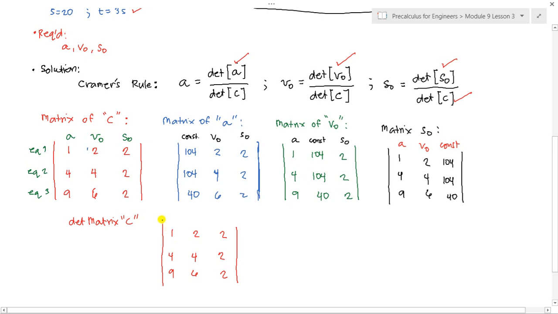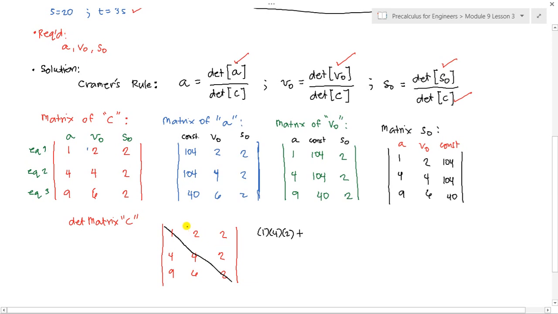Let's start with top left to bottom right. I-multiply ang maigo sa arrow, this 1 times 4 times 2. So ibutang nimo 1 times 4 times 2 plus. As you notice, sa first nato nga step, tulo ka elements ang involved.